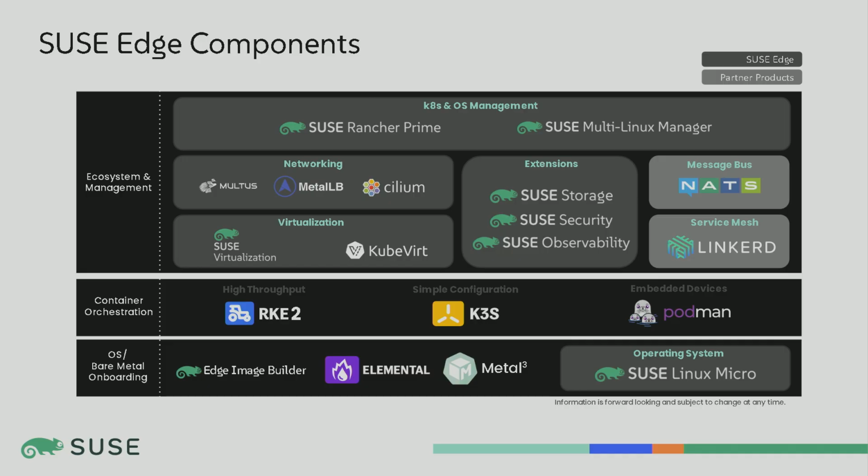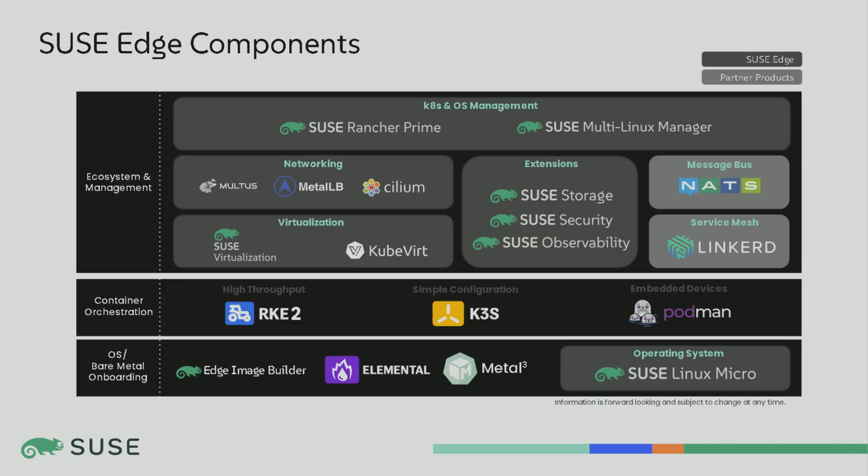Podman is one that we are looking at. That's more at the OS level. SLE Micro, we built a tool called Edge Image Builder. It allows you to easily create new images in an easy to manage fashion for deployment.